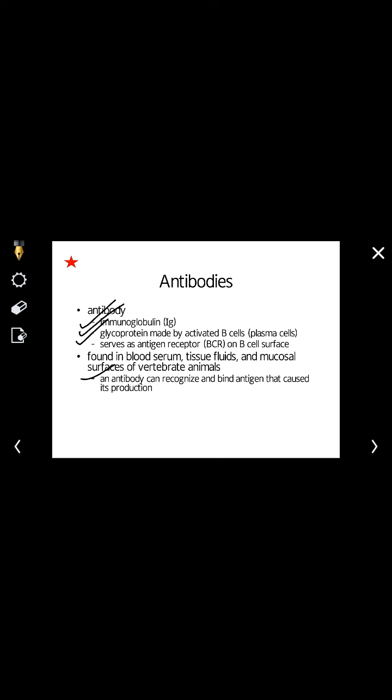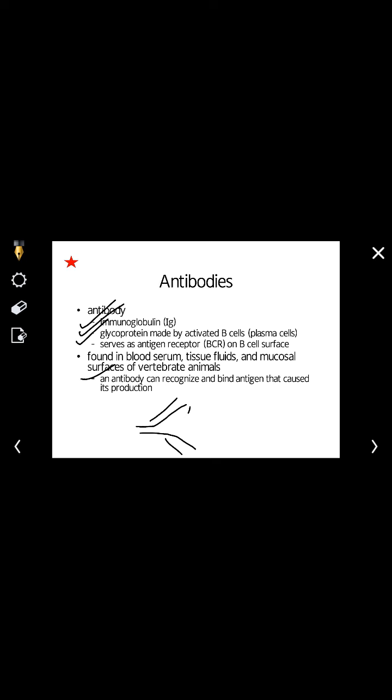Yes. So when an antibody binds to an antigen, say you have an antibody just floating around in the fluid, the humor of the organism.